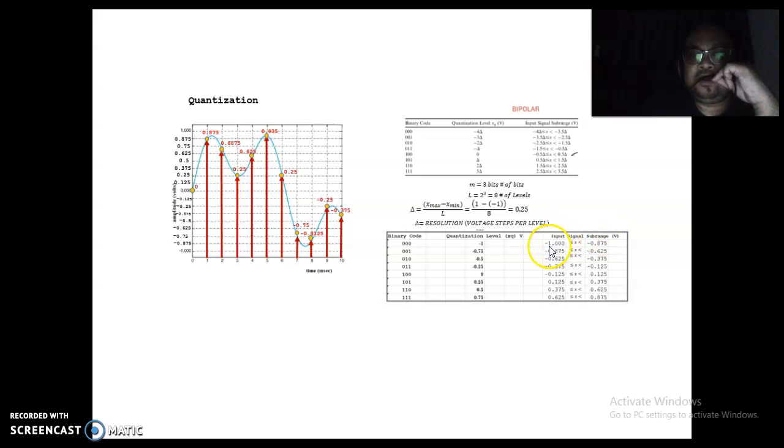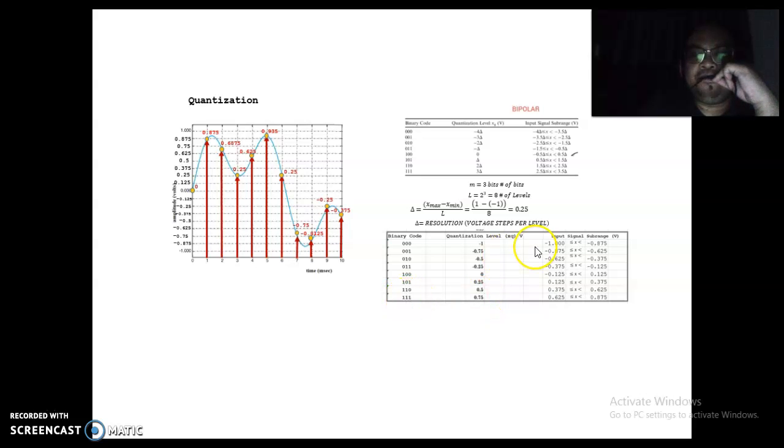For the range from -1 to -0.875, the quantization level is -1. So any sampled voltages that fall within this range will be given a quantization level of -1 and a binary code of 000. And if a voltage, for example, falls here, it will be given a quantization level and a binary code.